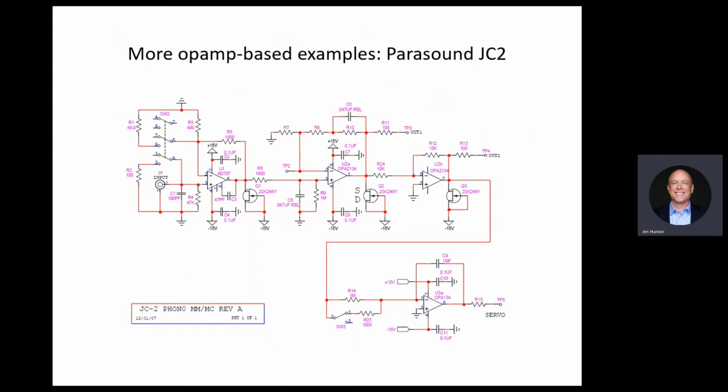But what we see here is that the building blocks are similar. Essentially we have an amplifier with current source, some passive frequency shaping, an amplifier with some active frequency shaping, and an output stage.